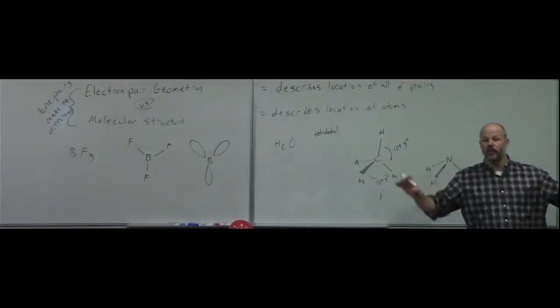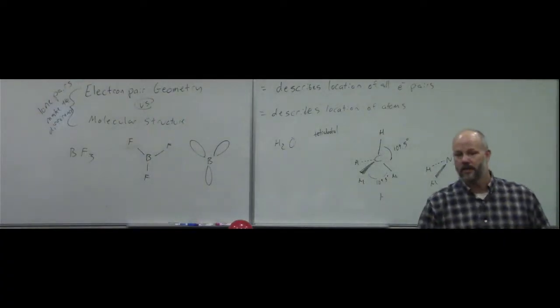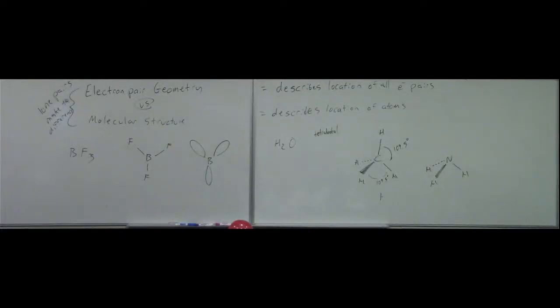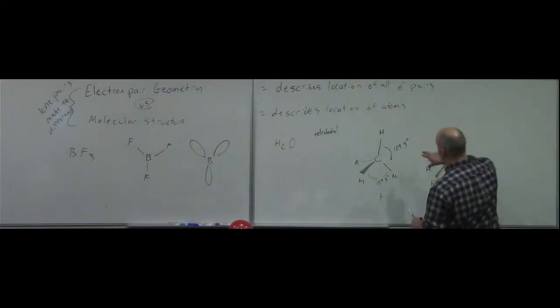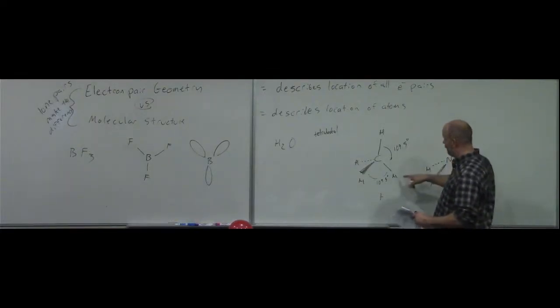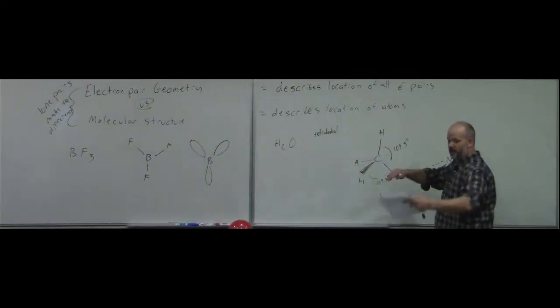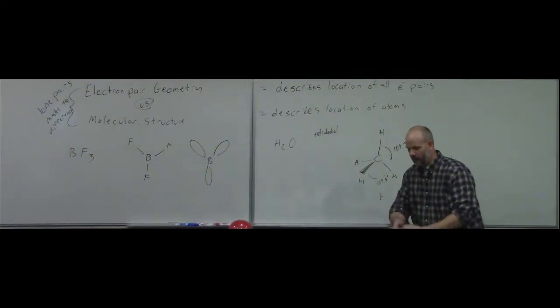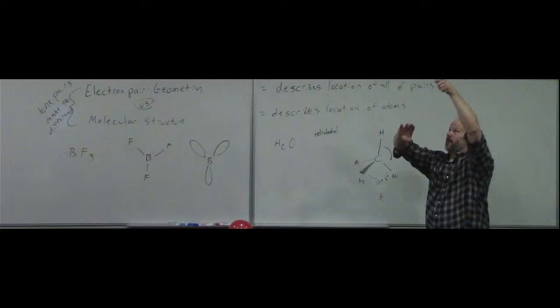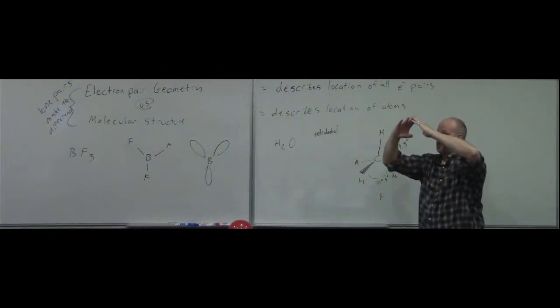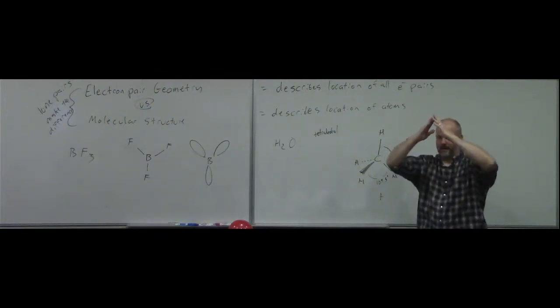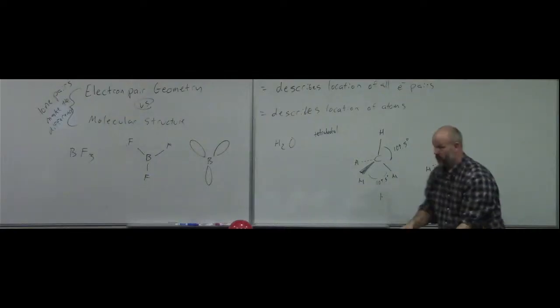They're equally repelling each other, but that's not always the case. When I have an unbonded pair of electrons, it actually takes up more volume and has a greater repulsive force on the single bonded electrons, okay? And so this will be greater than 109.5, and because this angle here gets reduced, the angle between any 2 of these gets reduced.